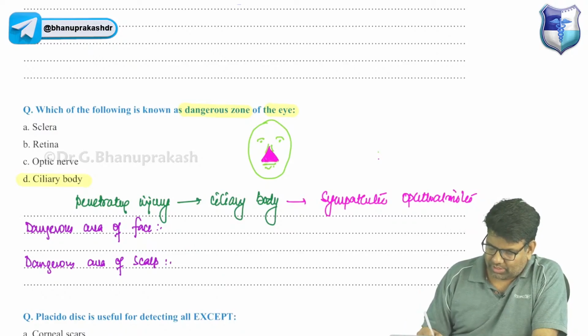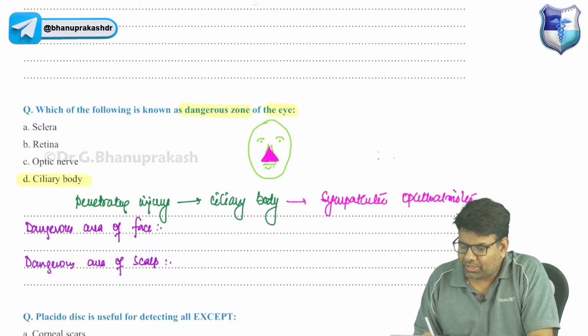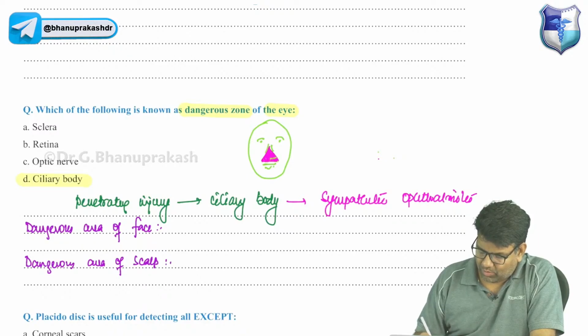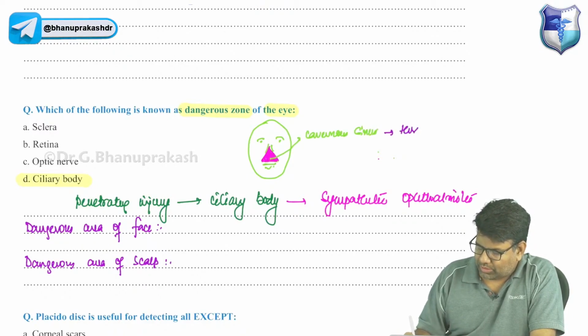So this is the dangerous area of the face, and why we call it dangerous area of the face? Because infection anywhere in this part can directly go to the cavernous sinus, and it can result in cavernous sinus thrombosis.